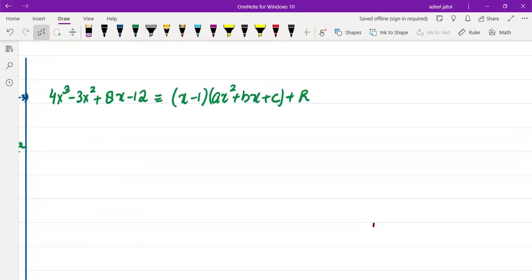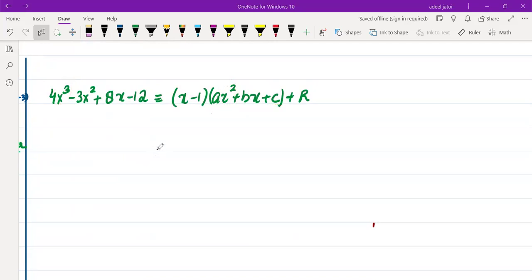Why did I pick x squared? Because when x squared multiplies by x, you get x cube, so we know it's a quadratic form.